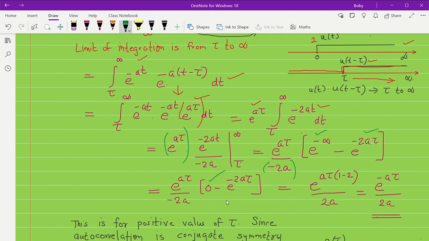What remains is minus of e raised to minus 2a tau, and with the minus in the denominator it becomes plus, so the denominator is 2a. We have e raised to a tau and e raised to minus 2a tau. a tau is common, 1 minus 2 is minus 1. So what remains is e raised to minus a tau divided by 2a, which is the answer we get.